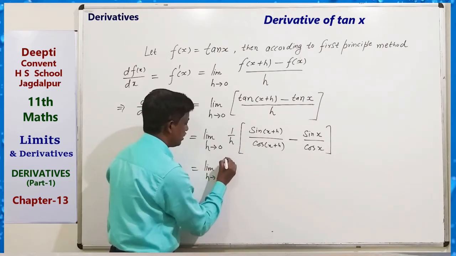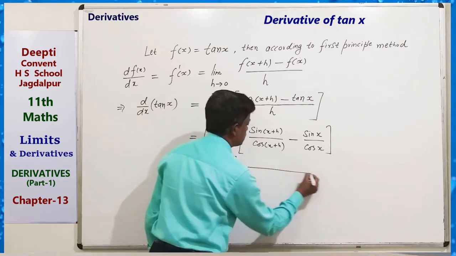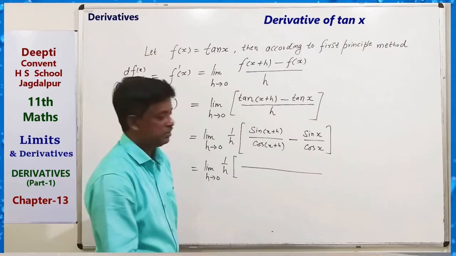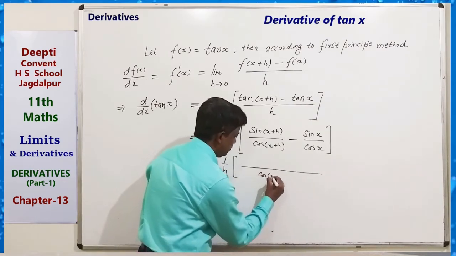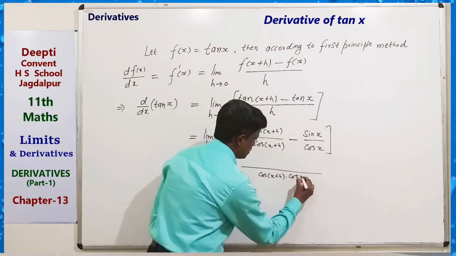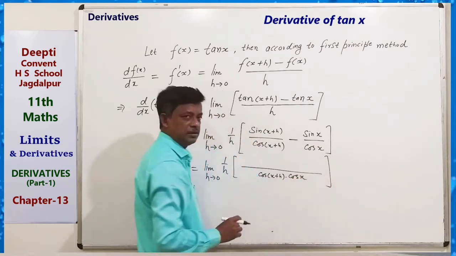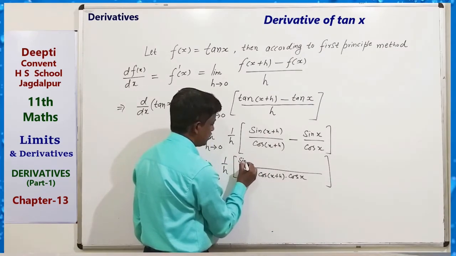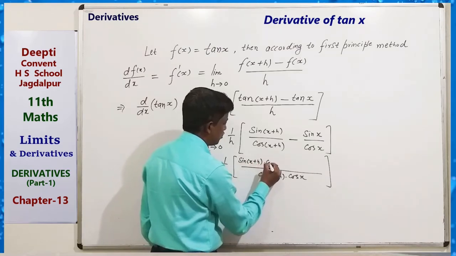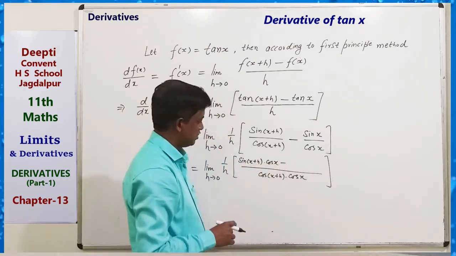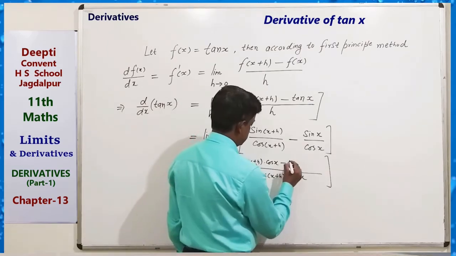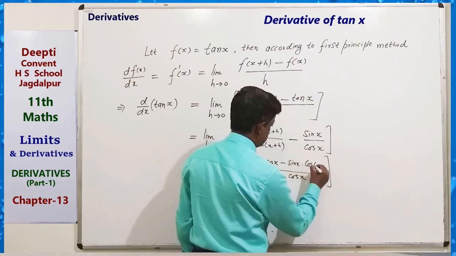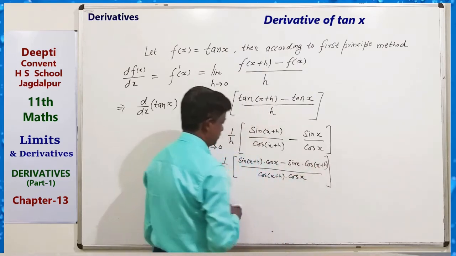Our target is finding the limit, so solve it. Taking the LCM, we can write cos x into sin(x plus h) into cos x minus cos(x plus h) into sin x, upon cos(x plus h) into cos x.